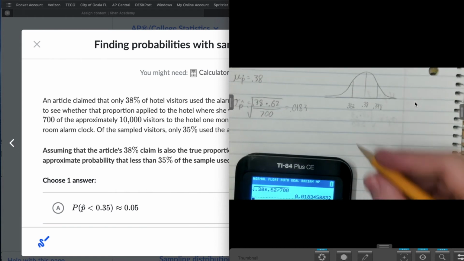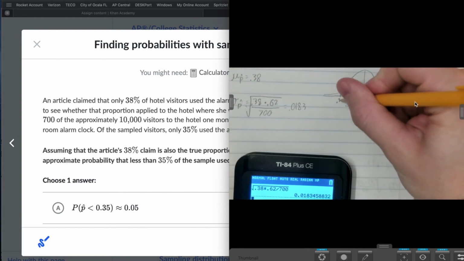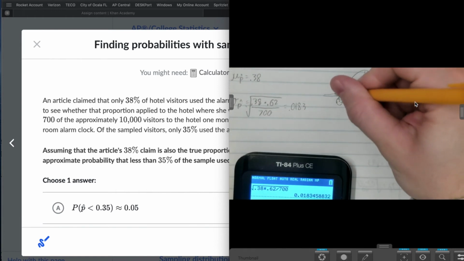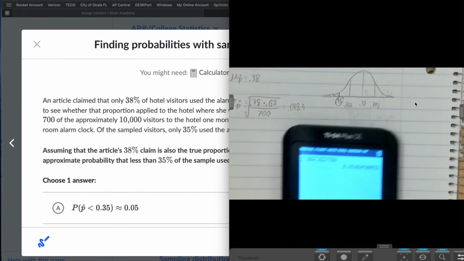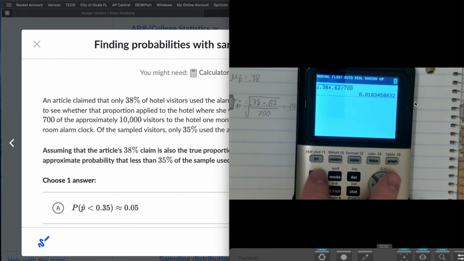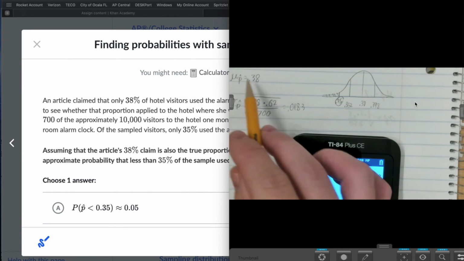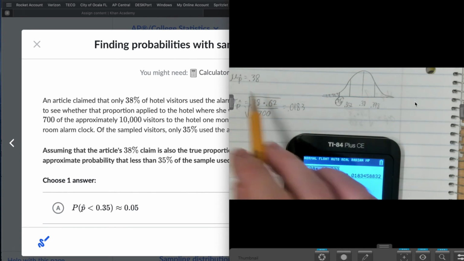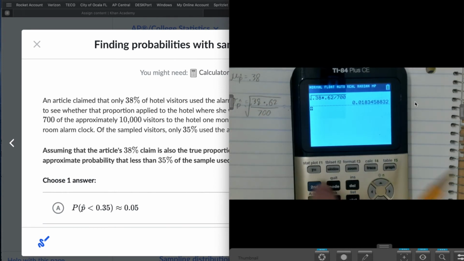And we want to find the odds of being less than 0.35. We want this probability. So we can do that in the calculator using the normal CDF with these values. Actually, no, we're not ready for the stat menu yet.